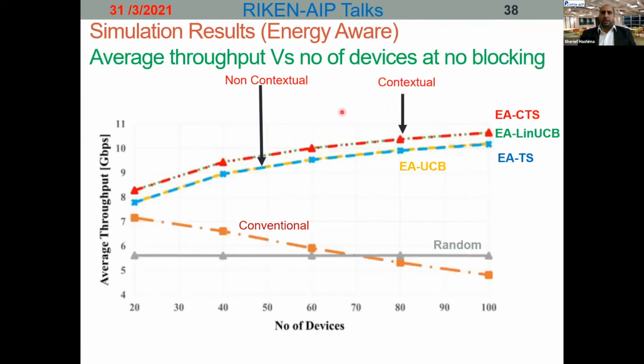Now we move to the other case, which is energy-aware contextual bandit against non-energy-aware non-contextual bandit. Here, the energy-aware LinUCB and contextual Thompson sampling give higher results than non-contextual bandits.